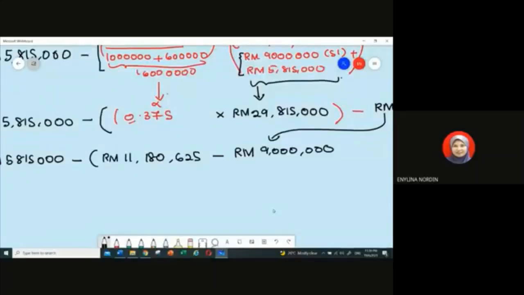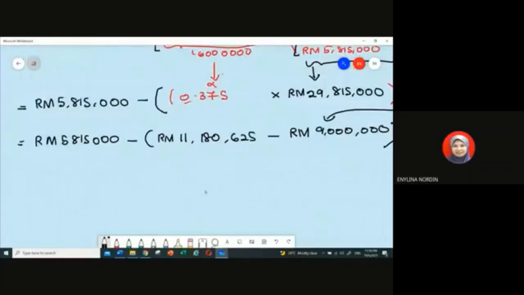All right, let's continue. You can see here the current value of Wangsa Setia is only 9 million ringgit, but Keramat is willing to pay more for Wangsa Setia by offering 600,000 shares. And these 600,000 shares actually worth 11,180,625.